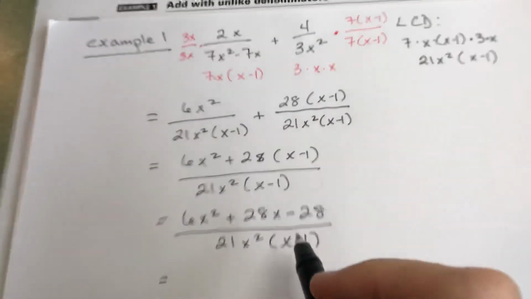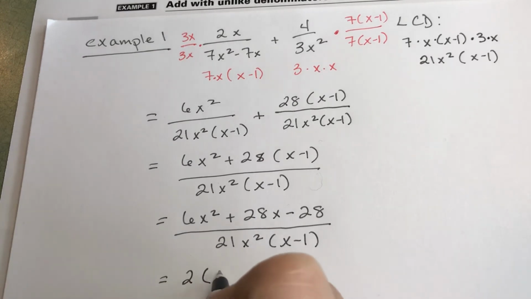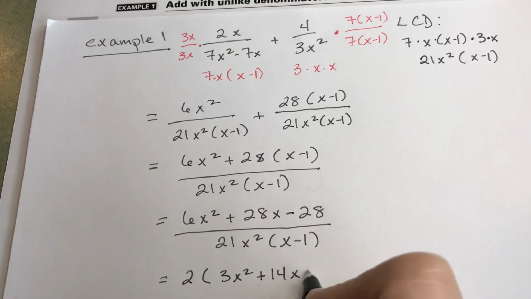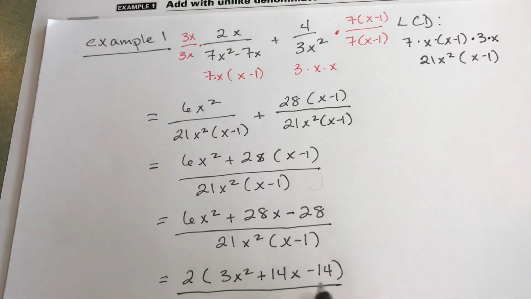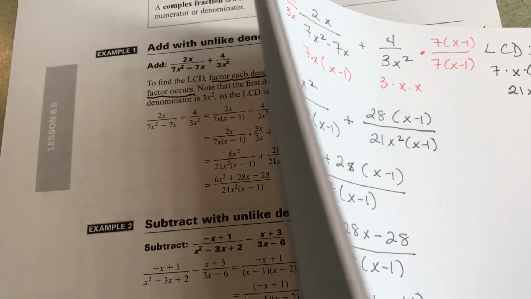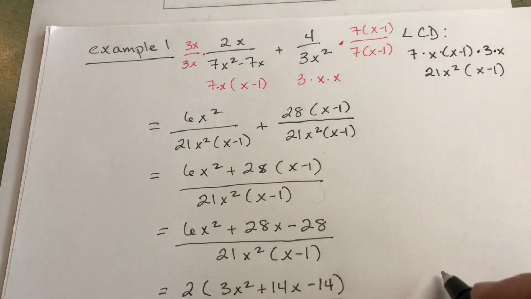And then, let's see, I can factor out a 2. Divided by 21x squared times x minus 1. And then try to factor this.